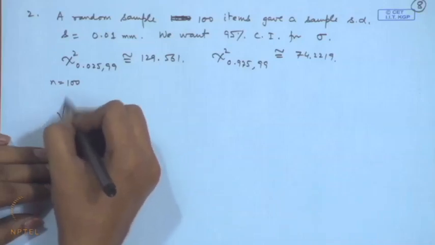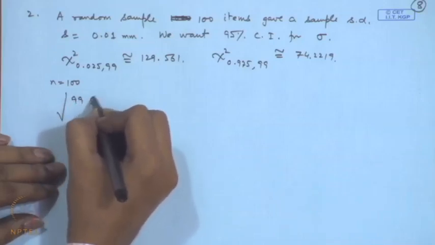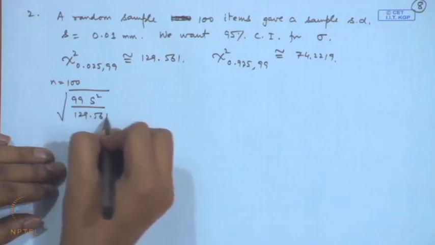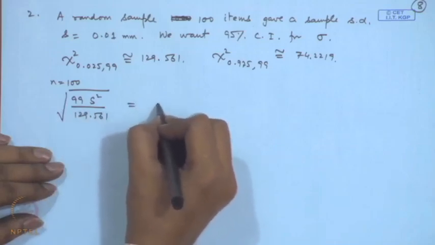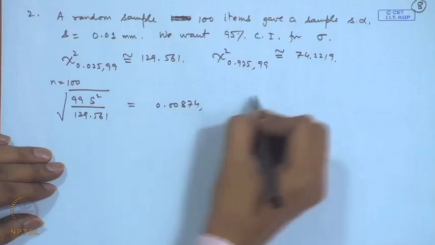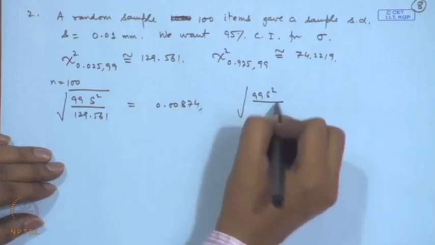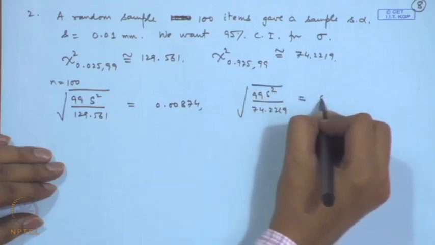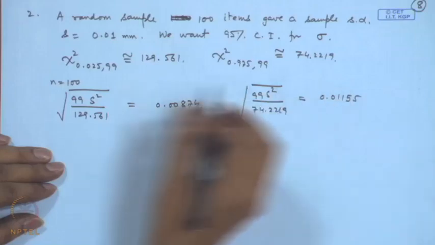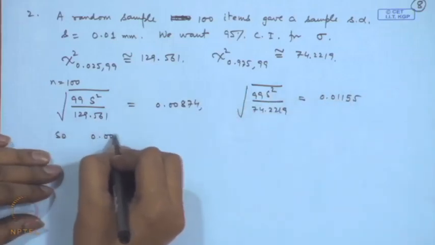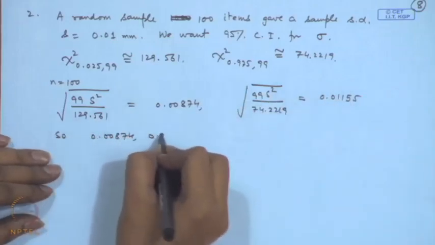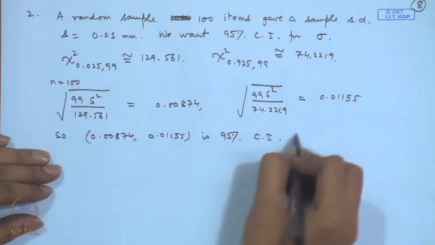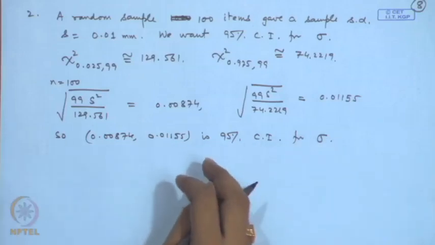So, square root 99 s square divided by 129.561 turns out to be 0.00874. Similarly, root 99 s square by 74.2219 turns out to be approximately 0.01155. So, 0.00874 to 0.01155 is the 95% confidence interval for sigma here.